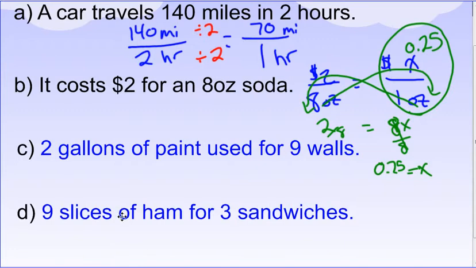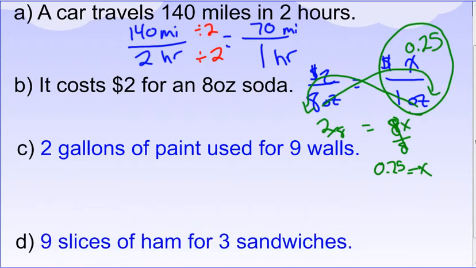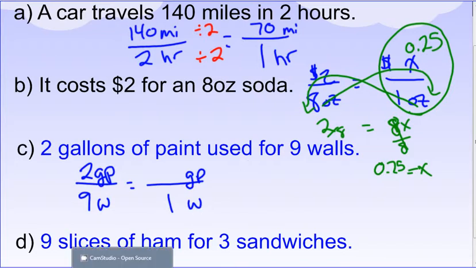Letter C, 2 gallons of paint used for 9 walls. So 2 gallons of paint, see my label, gallons of paint, for 9 walls. And the unit rate would be how many gallons of paint for 1 wall. The denominator is always 1. That's what a unit rate means. Now, I'm going to do this using the other method, the divide method.